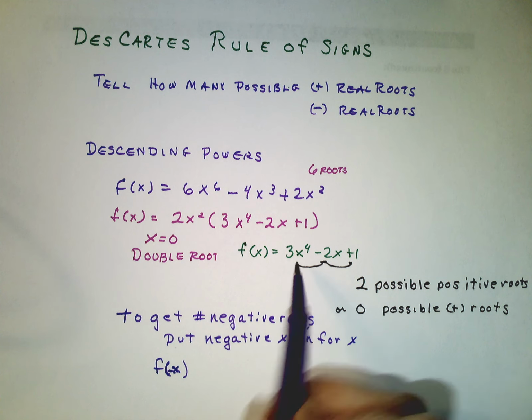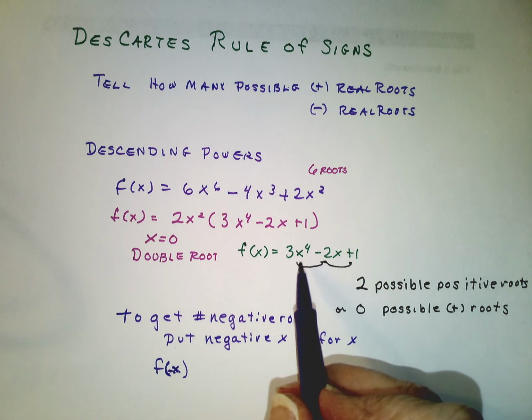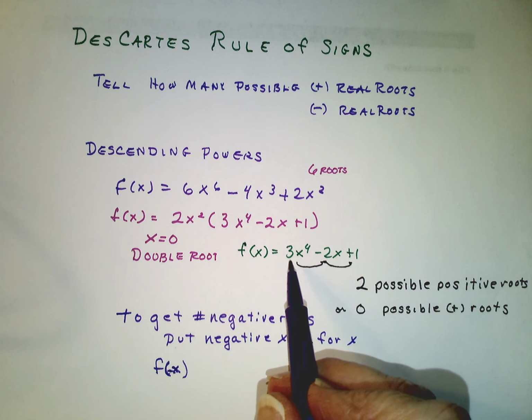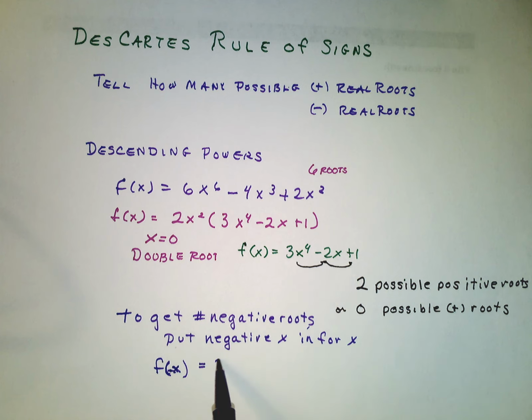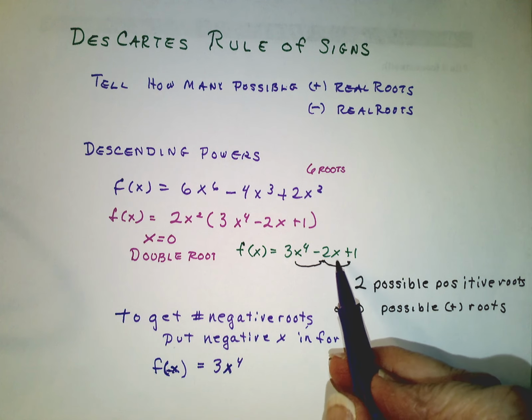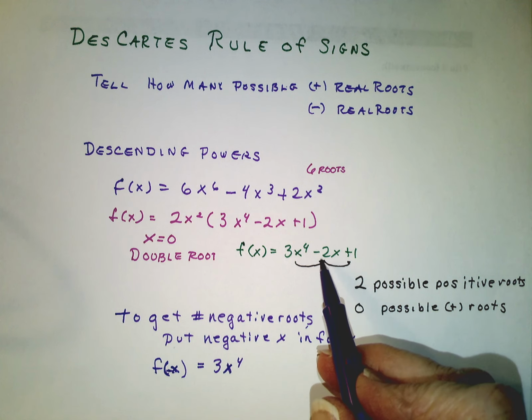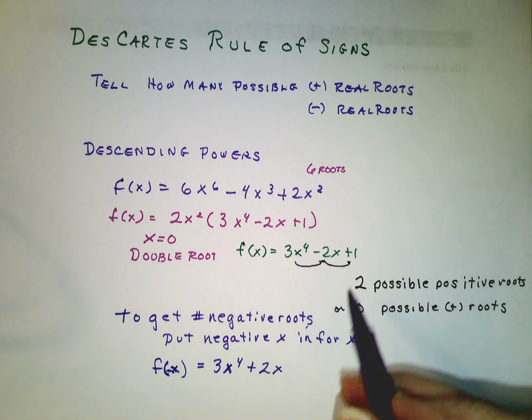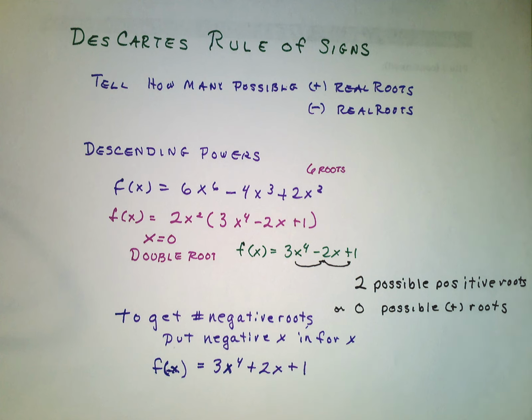Well, if you put a negative x in here, raise it to the 4th power, it becomes positive. Multiply that times 3, it would still be a positive. If we put a negative x in here and multiply it by negative 2, that's going to make it a positive 2x. And the plus 1 is still plus 1.